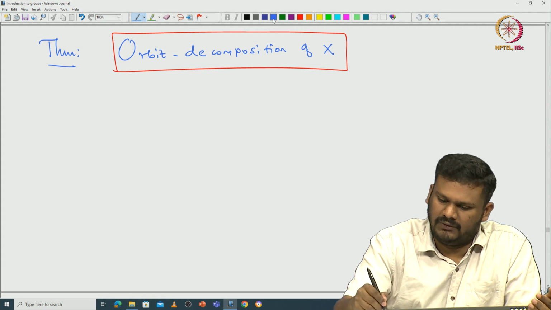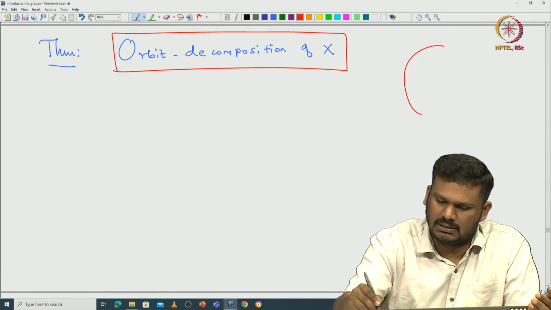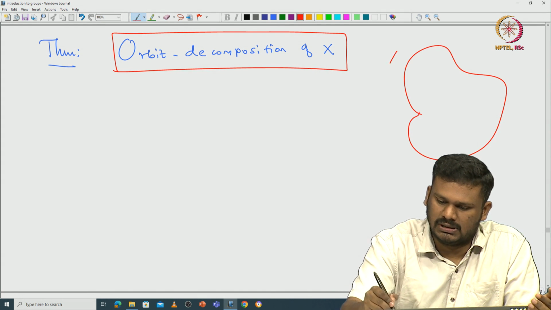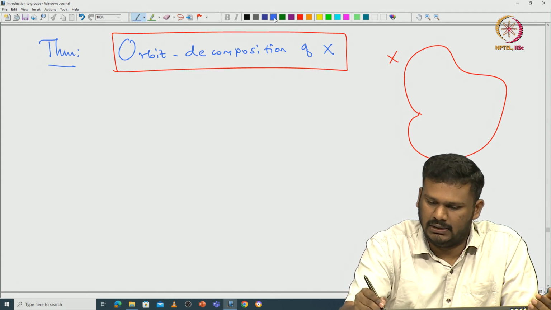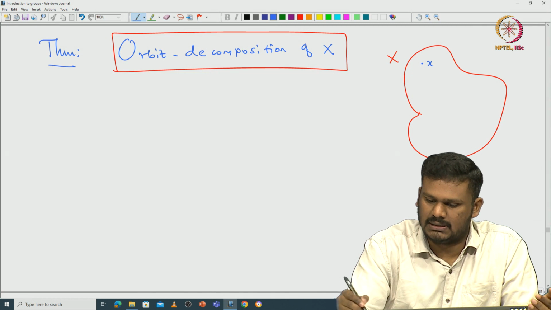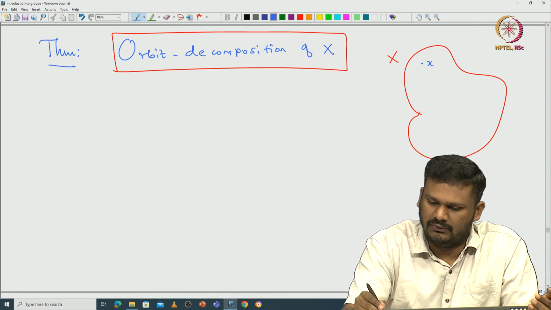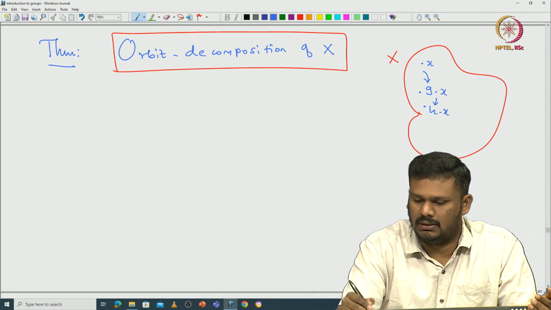So if we fix some small x, then we are looking at all possible orbits of this and so on.